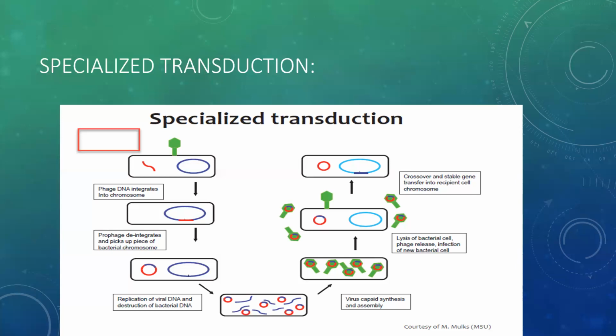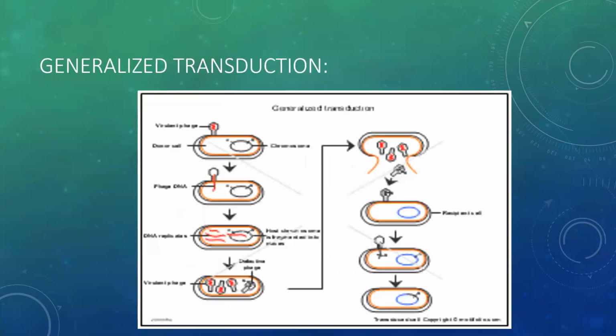Now the generalized transduction. When the bacterial cell has phage DNA, it enters into a lytic cycle. This lytic cycle occurs because of the phage enzymes, which break host cell DNA into many segments. As the phage directs the synthesis and assembly of new phage particles, it packages DNA by the headful. That is, a large amount of DNA is present in the head of the virus.